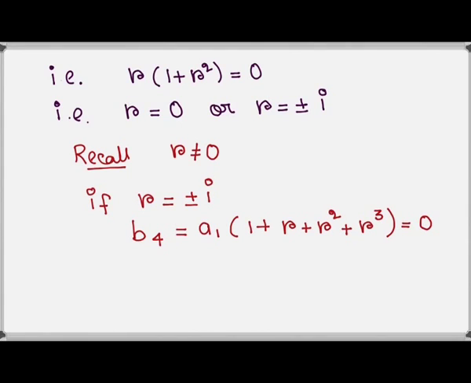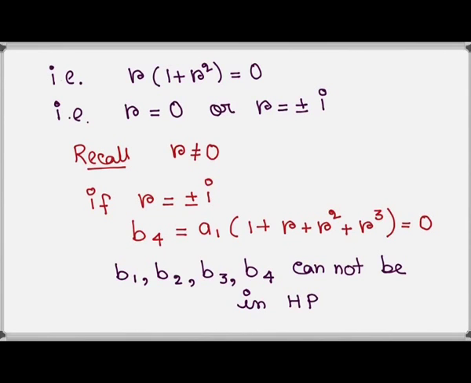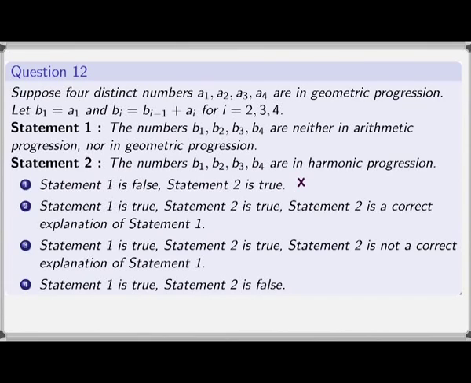Therefore, b1, b2, b3 and b4 cannot be in harmonic progression. So we see that statement 2 is false, and already we have seen that statement 1 is true. So option 4 is the only correct answer.